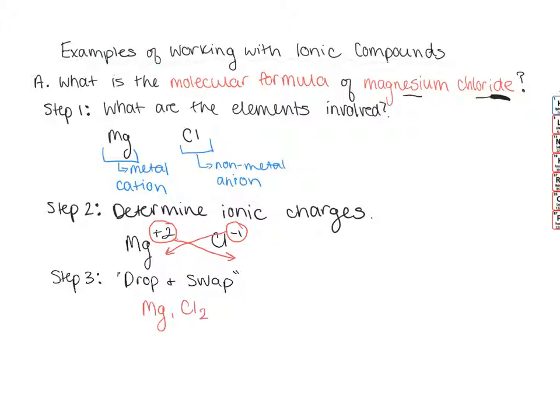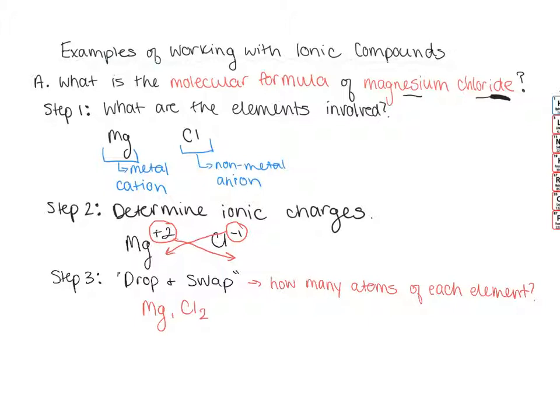When you drop and swap, you can just lose the charges because this is telling us how many atoms we're going to have of each. How many atoms of each element? So how many magnesiums are we going to have and how many chlorines are we going to have to make magnesium chloride?